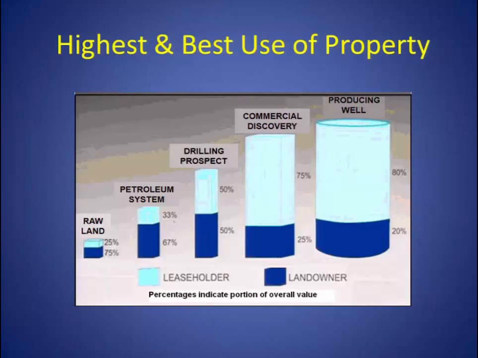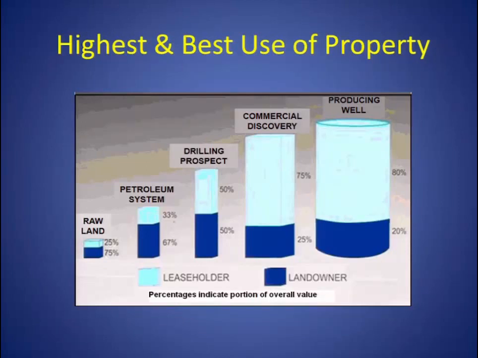Maybe they can get to the point where they can identify a petroleum system. Lo and behold, it's worth more now. And then maybe they have a drilling prospect to drill. At that stage, we see that there's roughly equal value to the landowner and to the oil company.